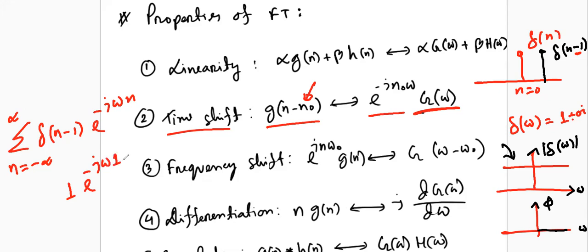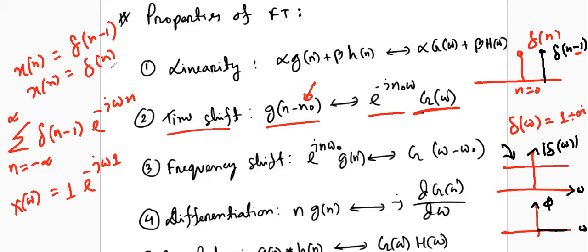N is equal to 1. So the value of X(omega), whatever it is, if x[n] is equal to delta[n minus 1], in that case X(omega) is equal to this. Previously, if x[n] is equal to delta[n], we found X(omega) is equal to 1.